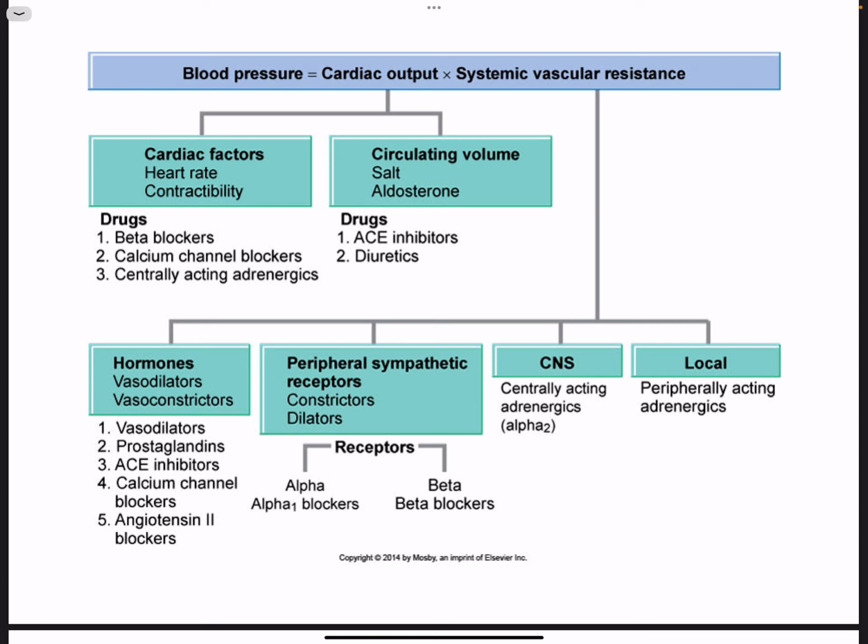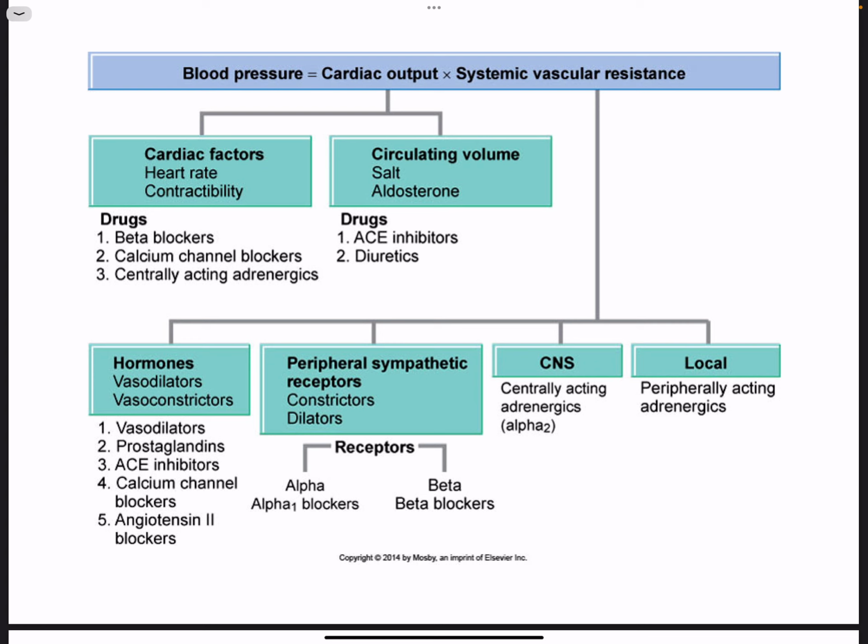It will stimulate the angiotensinogen. Angiotensinogen will be converted into angiotensin 1. Angiotensin 1 will be converted into angiotensin 2, and the blood pressure goes up. Why? Because angiotensin 2 is a vasoconstrictor.